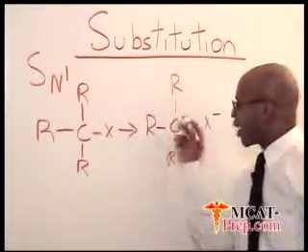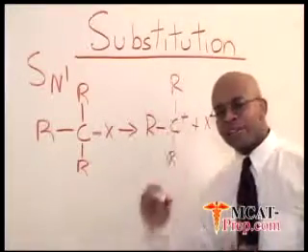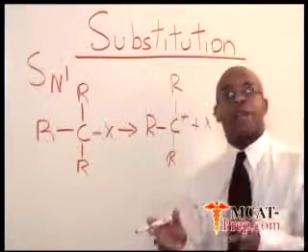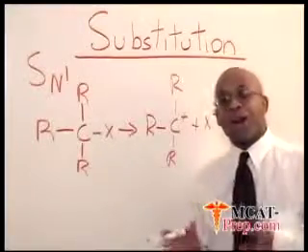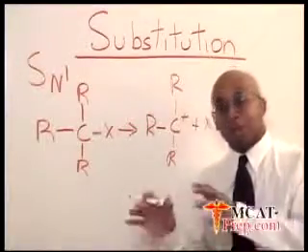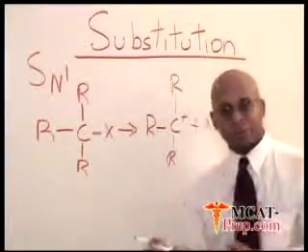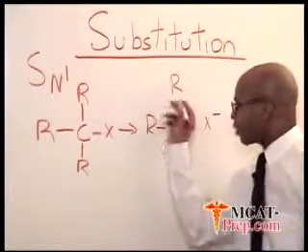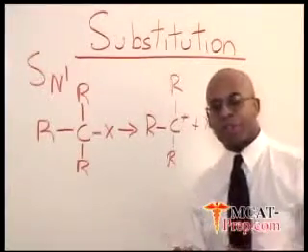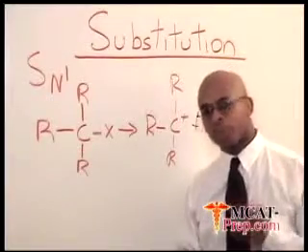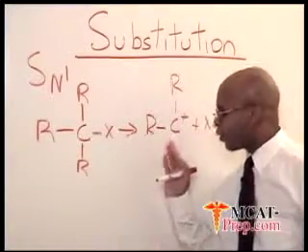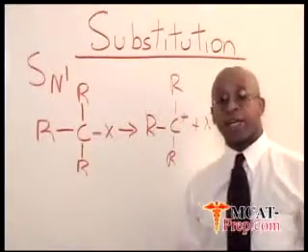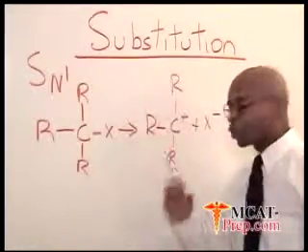However, if it's surrounded by 3 groups, each contributing electrons to the carbon, it's like carbon has a fire, and each of these groups helps to quell the fire, to lower the heat, so that carbon can be as comfortable as possible holding a positive charge. So when carbon is surrounded by 3 alkyl groups in a tertiary carbocation, it is relatively stable.